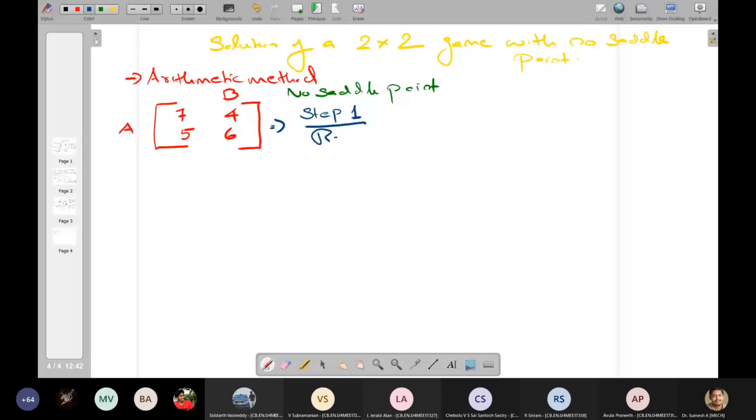If you total it, you will get the value 4. So the ratio is 2/4, and this is also 2/4. Step 3, again interchange the ratio.